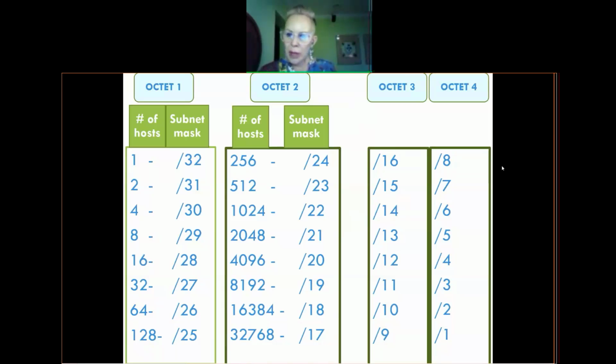And then someone tell me, what is the broadcast address used for? Yes, Francisco, Damien, to send data to everybody on our network.